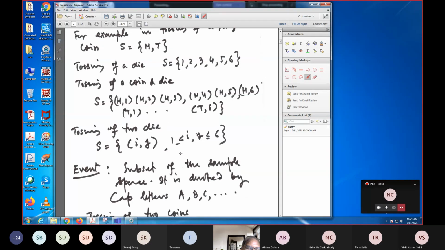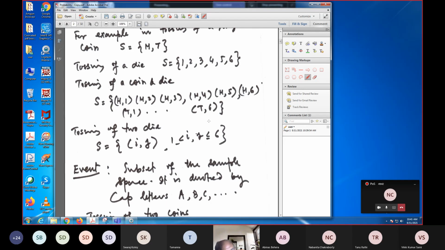Then how is the event defined? When you use the word probability, you talk about the probability of an event. Say, what is the probability of occurrence of a head? What is the probability of getting an even number when you throw a die? These are events. What is the connection of an event with the sample space?